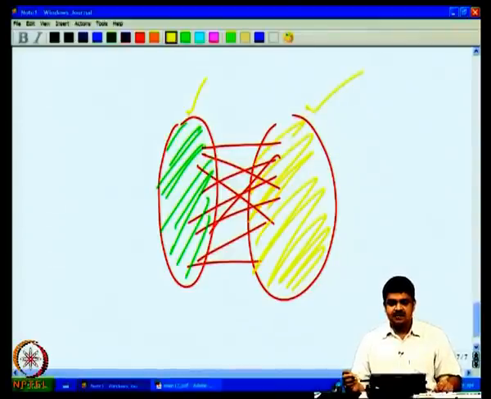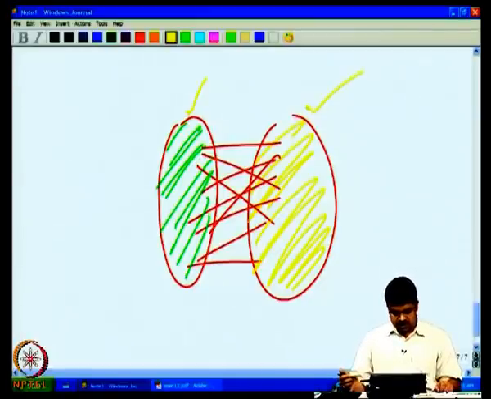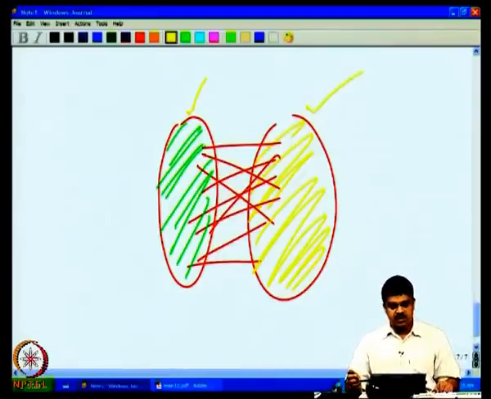So we are trying to cover the graph with independent sets, right? Each color corresponds to an independent set, another color corresponds to another independent set. We just have to put every vertex in one of the classes, so that we are covering all the vertices with independent sets.